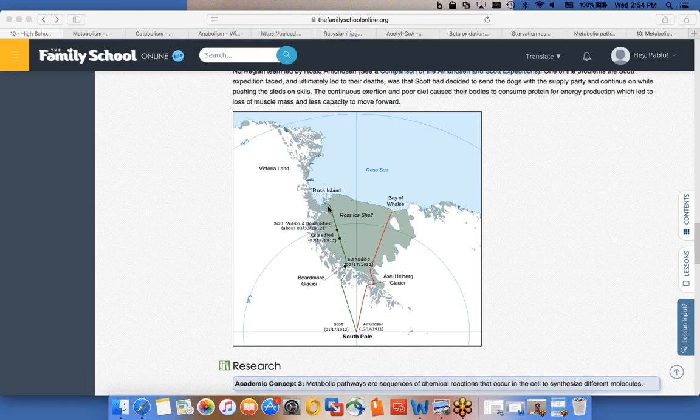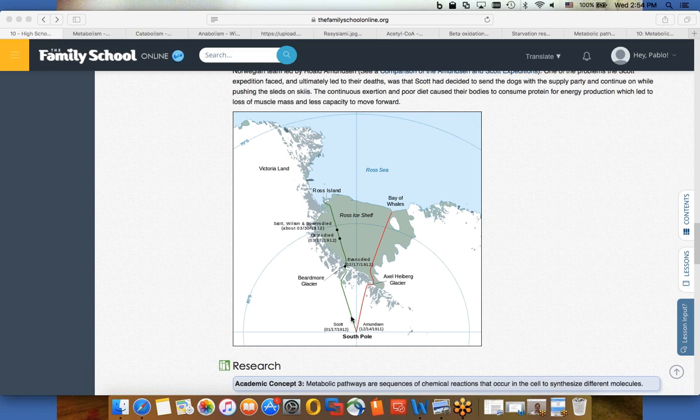The Scott expedition did similar things, but the problem was that when Scott reached this point, he sent the dogs back with the supply team to lay the depots of supply for the trip back. And his team, only 5 people, continued the trip on skis.